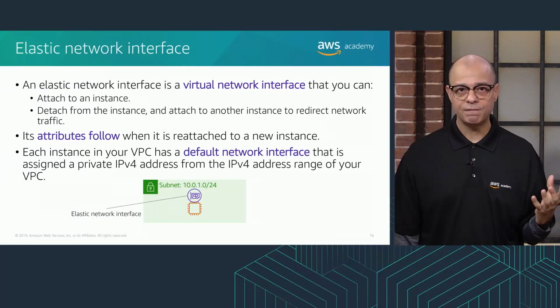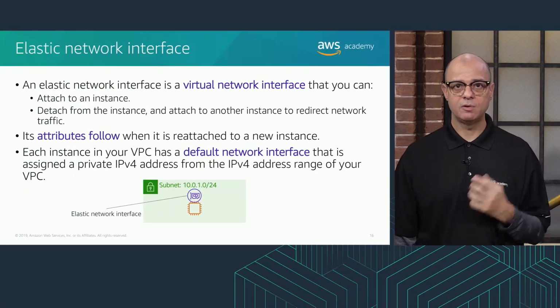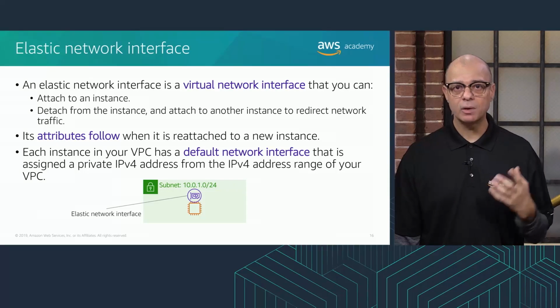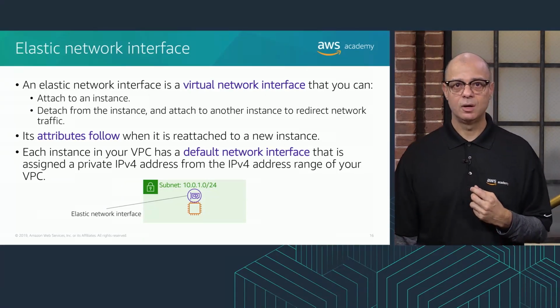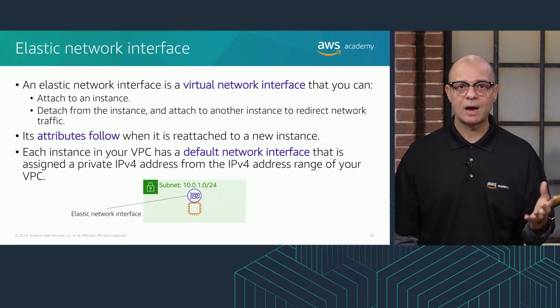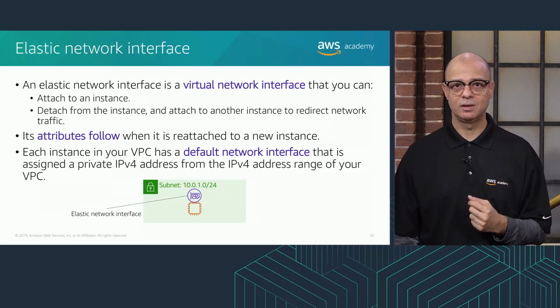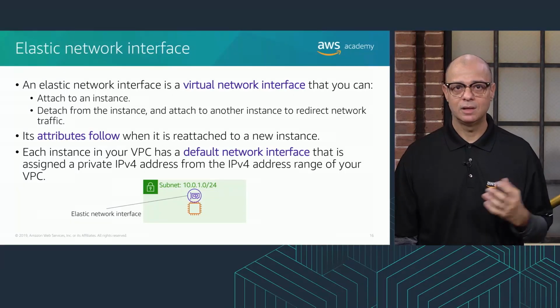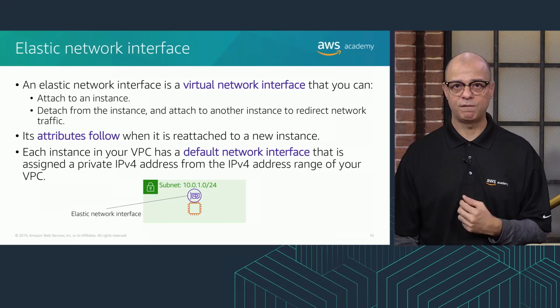An elastic network interface is a virtual network interface that you can attach or detach from an instance in a VPC. A network interface attribute follows it when it is reattached to another instance. When you move a network interface from one instance to another, network traffic is redirected to the new instance. Each instance in your VPC has a default network interface, called the primary network interface.